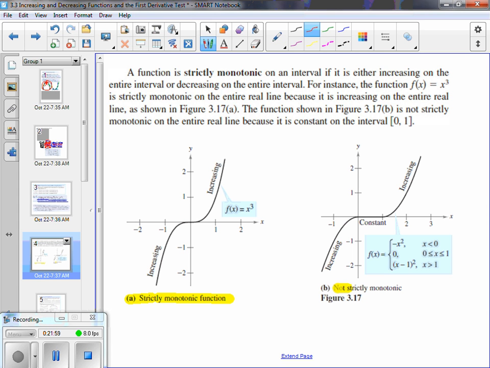Well, it does have a derivative equals 0 right there, but when it's only for one little point, it's still increasing. Now, what we do to avoid this, and the reason our first derivative test is going to be helpful, is a continuous function can be divided up into intervals where it's strictly monotonic.